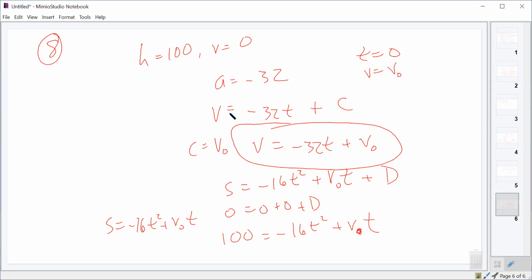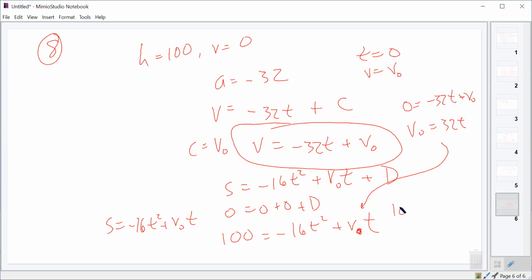So if we go in and say velocity is 0, we get 0 equals negative 32 times the time we're interested in plus our initial velocity, which tells us that at the time we're interested in, our initial velocity has to be 32 times whatever that time is. So we can go back in and replace our initial velocity with 32t.